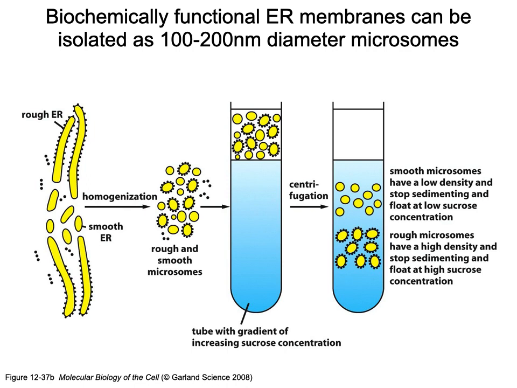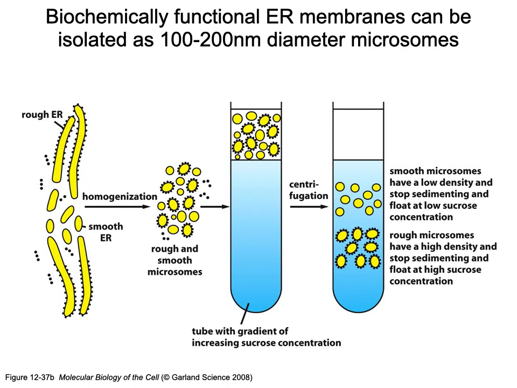So if we were to take the ER and try to isolate it, it can actually create its own little microsomes. If you remember, like with the liposomes, we could take phospholipids and create these little beads with them. We can do something similar with the ER.